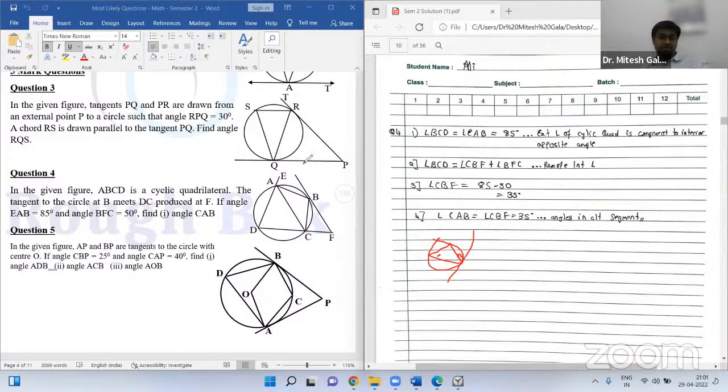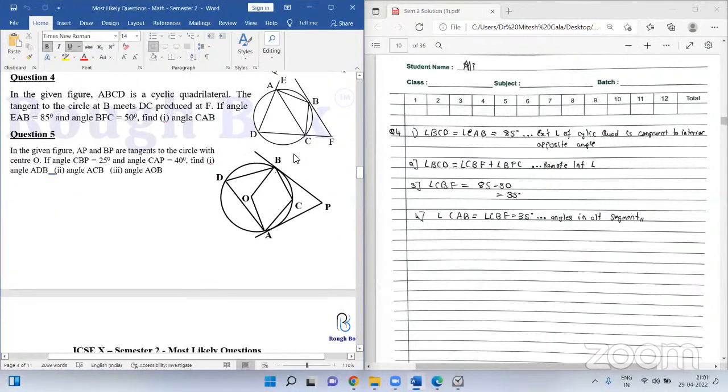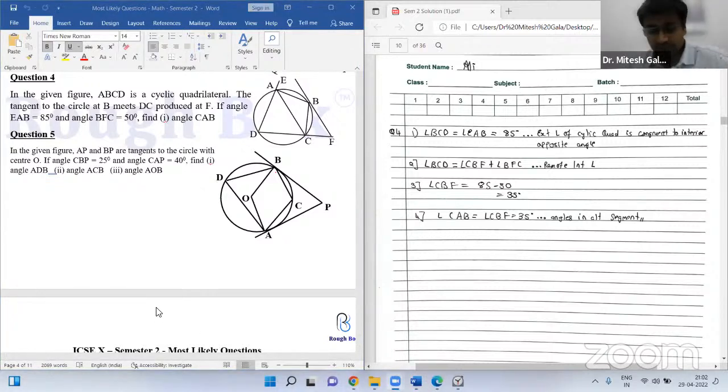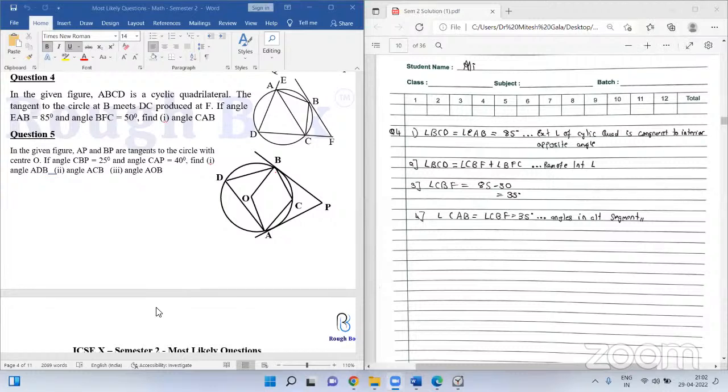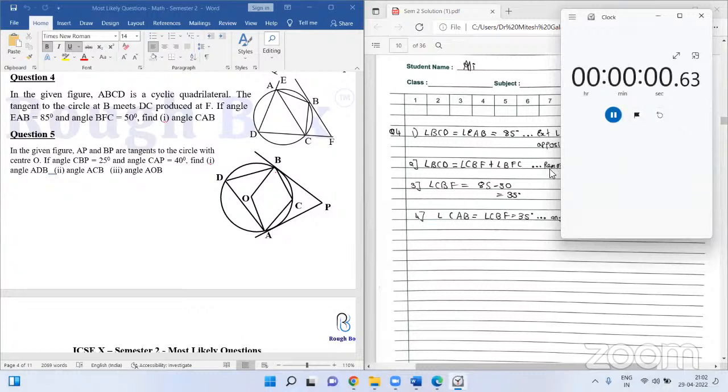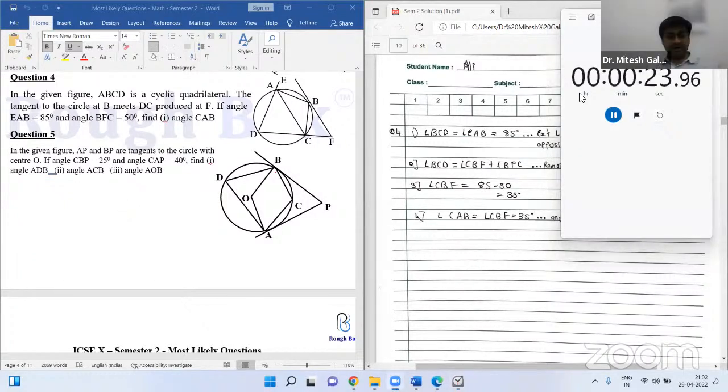Chalo, go for the next one. Question number 5, everybody. There you go. Anybody done?